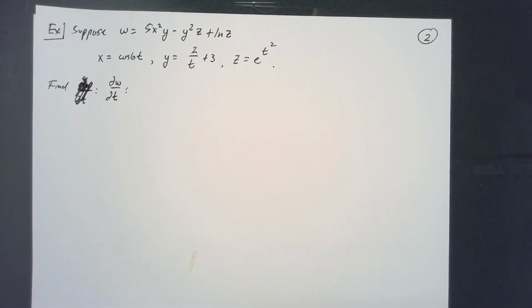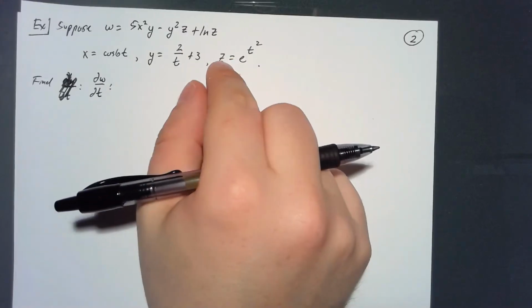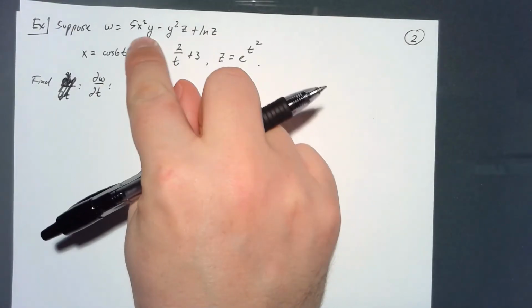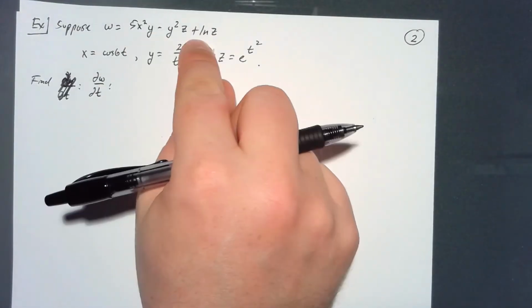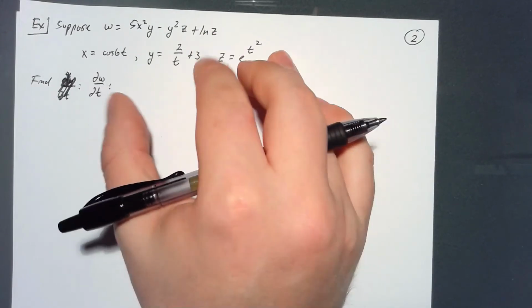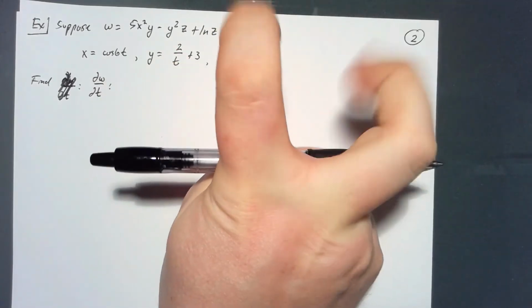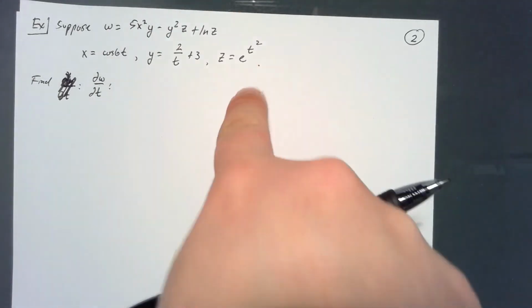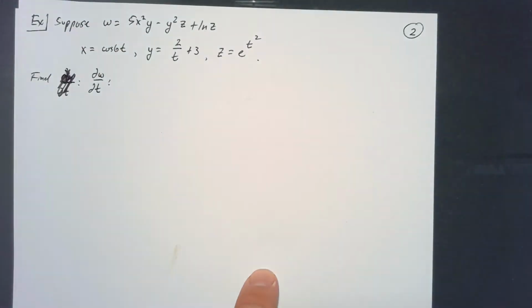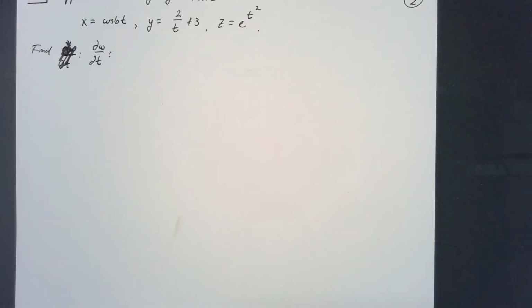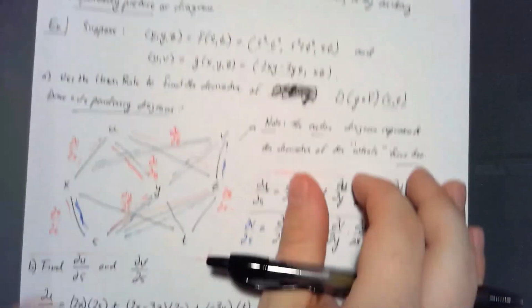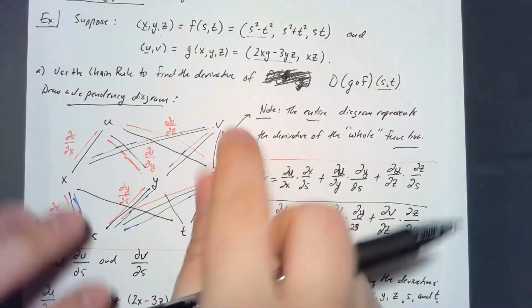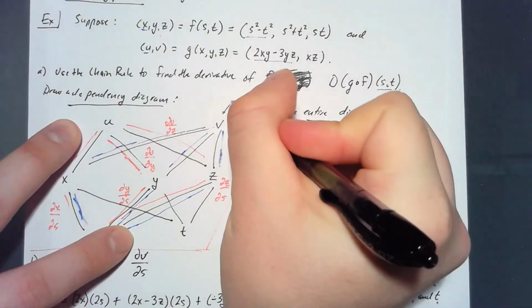So again, if I asked you to find the derivative of the whole function, you would look at all the branches from your dependent variable to your independent variables. Just to reference your notes here, these variables right here are your dependent variables.